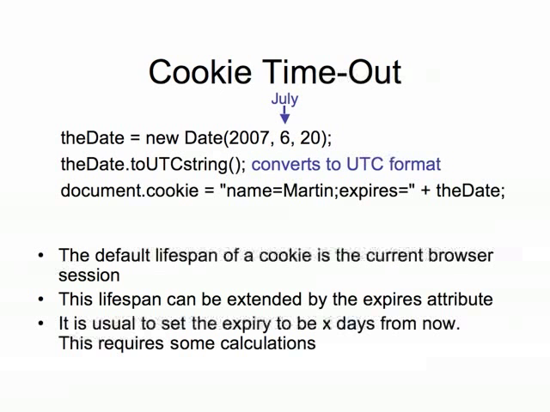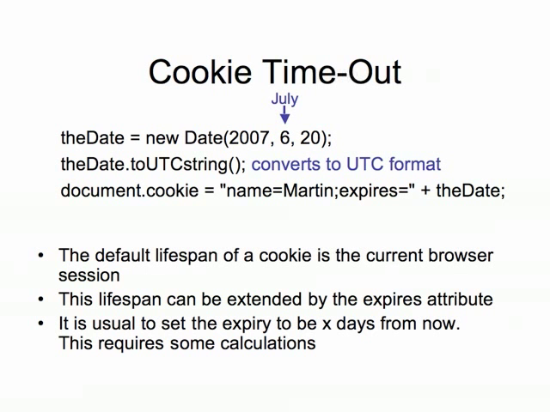Now the date must be stored in the cookie in a specific format. This is quite a long-winded format actually, and typing that character by character would be a lot of trouble. But we have a method that can convert the date object to this particular format, which is in universal time.